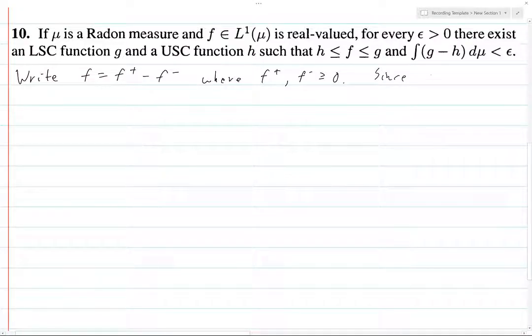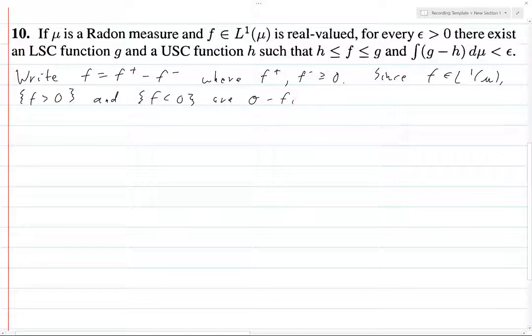So anyways, since f is in L1 mu, we know that the set where f is positive and the set where f is negative are sigma finite.